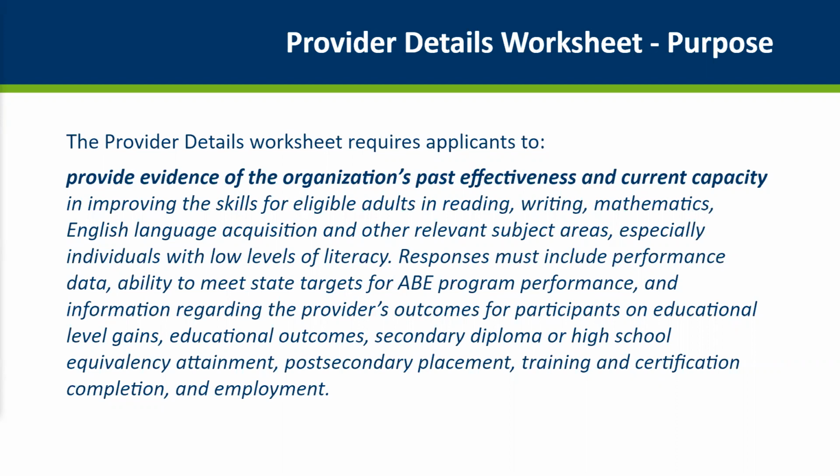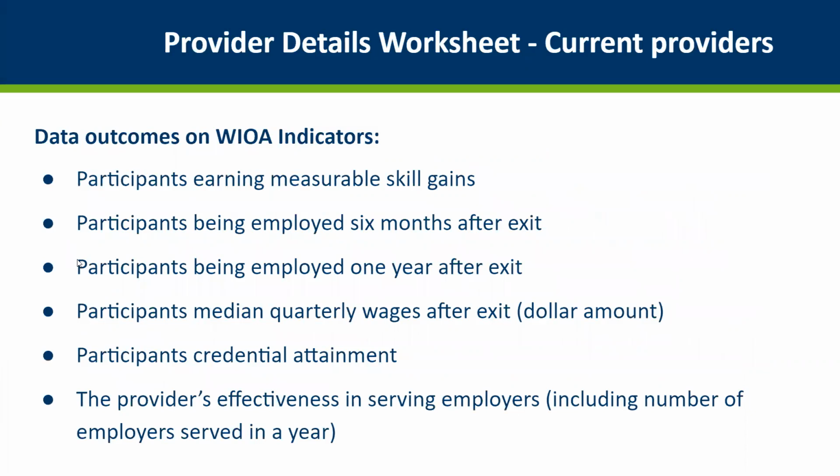Understanding that every provider has to give evidence of past effectiveness and current capacity, let's talk a little more specifically about what kind of evidence is expected here. For current providers, which is most of you listening in on this call, I believe, currently receiving state and federal ABE funds, the expectation is that you would have at least some data about the WIOA indicators.